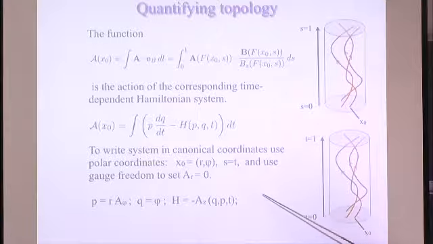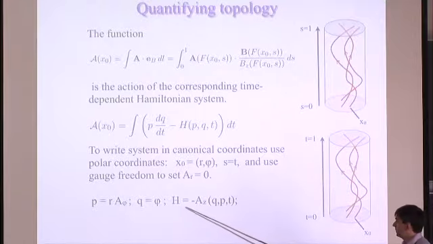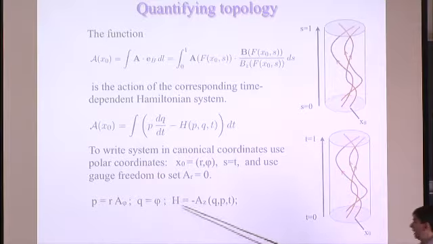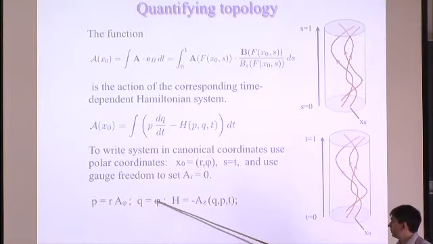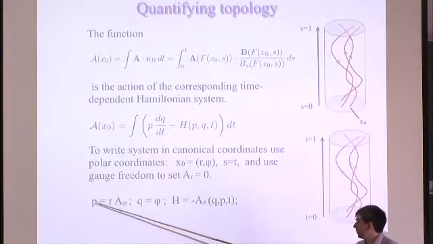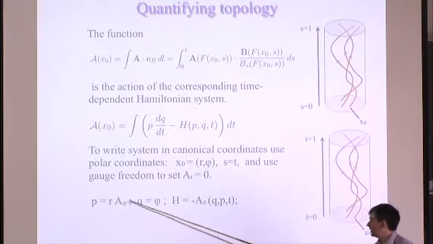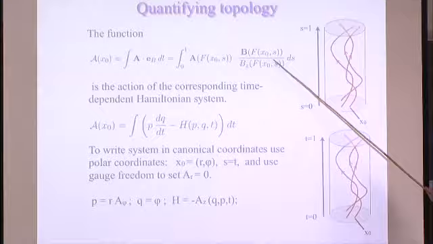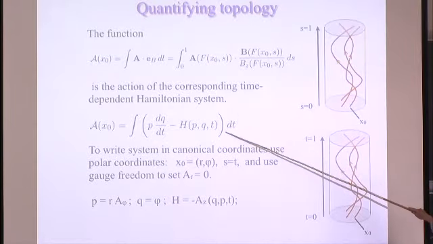You can write this as a time-dependent Hamiltonian system, where the Hamiltonian is the z component of your vector potential. Your coordinate q is phi, and the corresponding momentum is r A_phi. And then one can show that this is actually equivalent to the action of this Hamiltonian system.